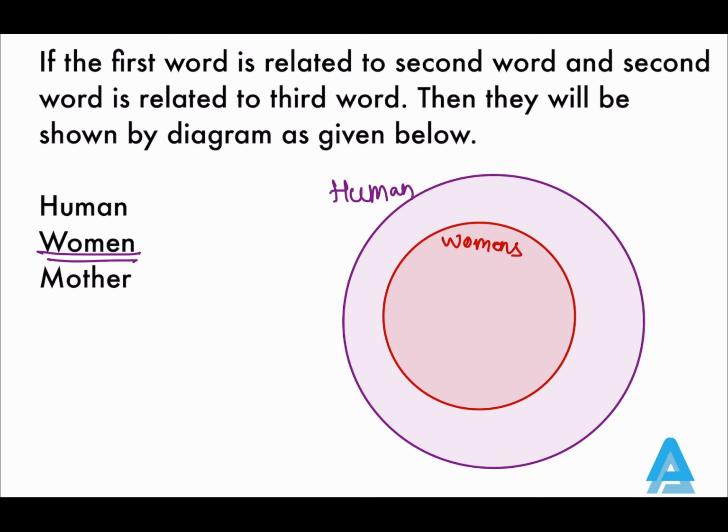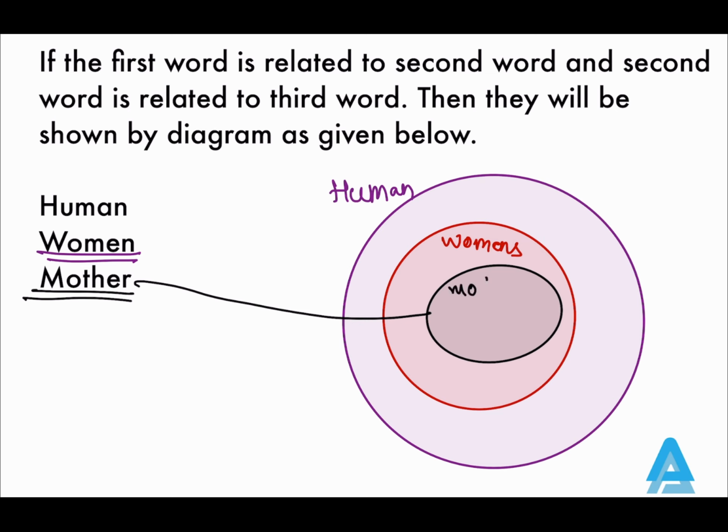And we can say that all mothers are women, so mothers are part of women. By default you can say that all mothers are women and human, and all women are human.